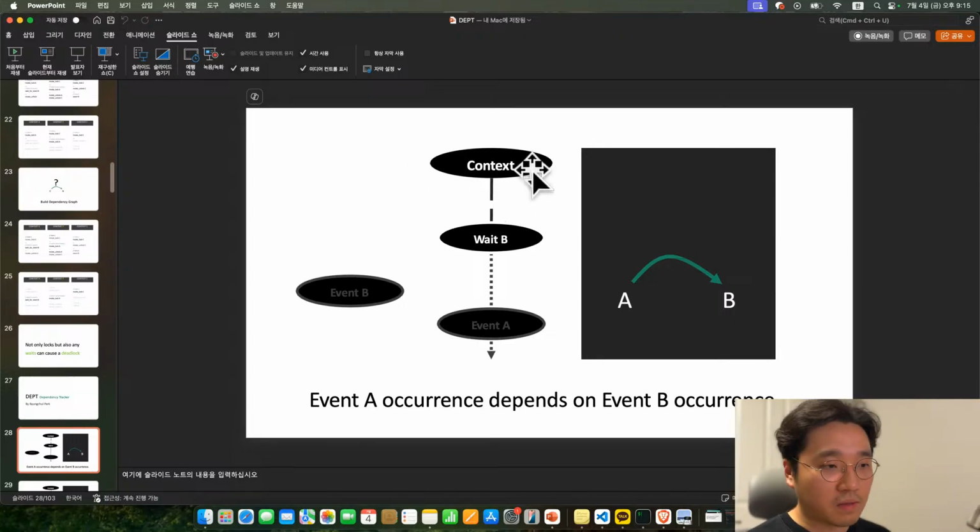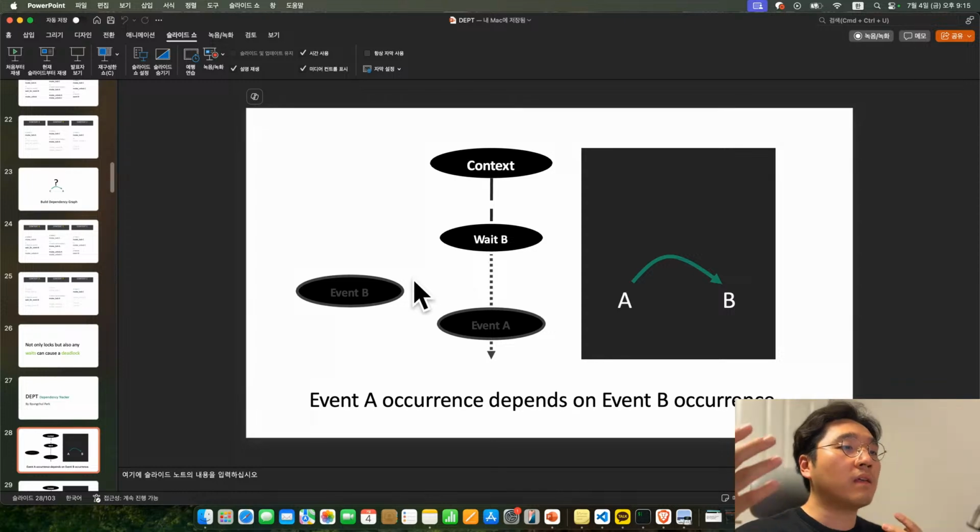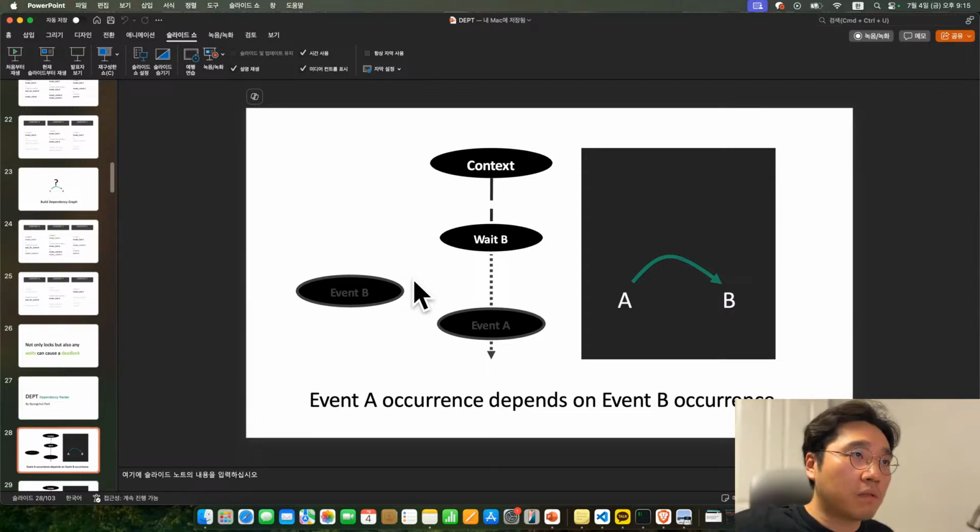There is a context that is executing code, as you know. So there is a waiter, right? The waiter wants some event B to occur from another context, right?